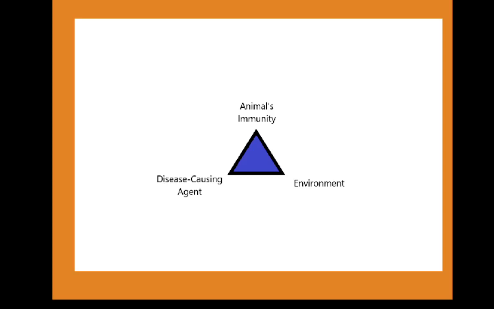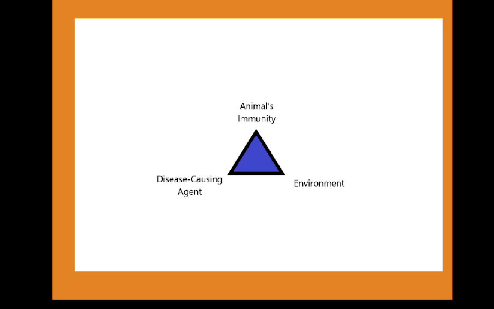If the animal's immunity is high, then it is able to repel the disease causing agent. The disease may not manifest at all, or the animal may develop defense systems against that disease.